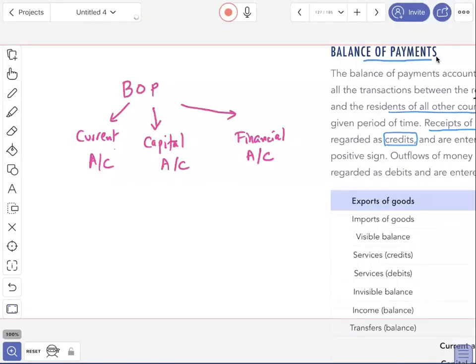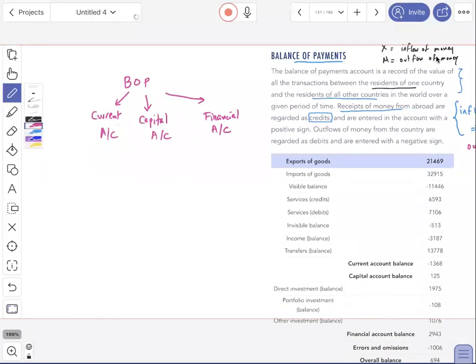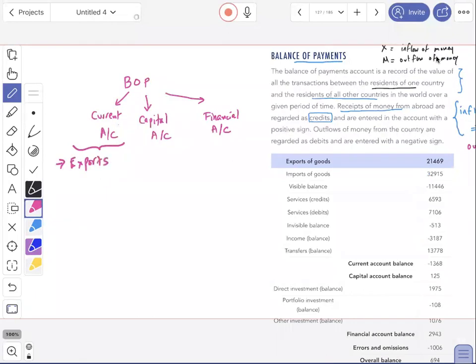I also want to say this: when you look at the current account, you have exports and imports of goods and services.